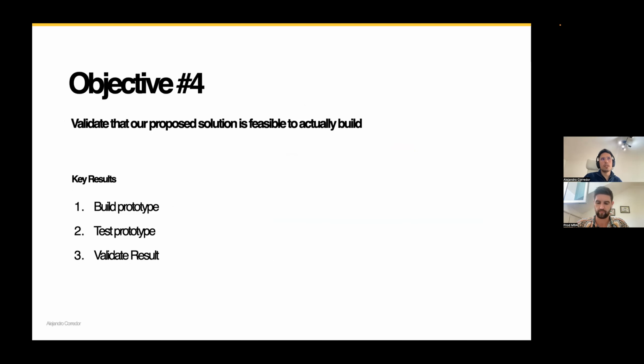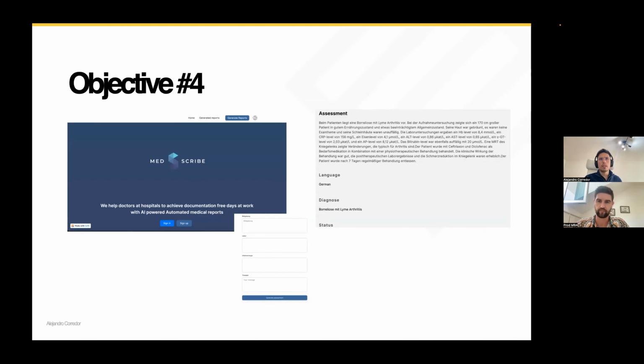For that, we built a small live prototype in software that allows you to fill in a form, copy and paste the information that you probably already have in the system, and provide an assessment in 2 different languages, German and English.